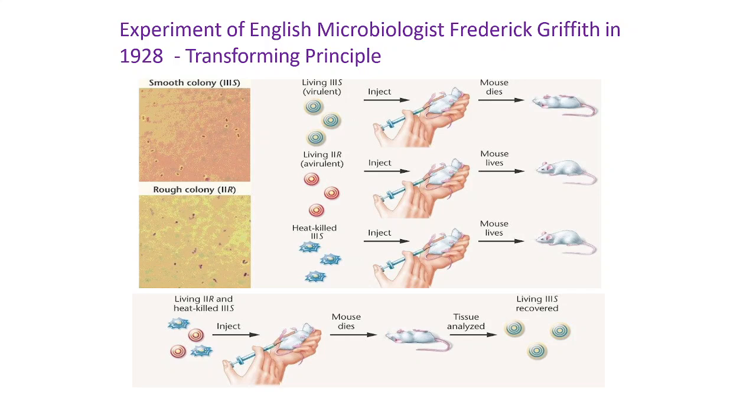Both of these strains are avirulent in nature, because in both cases the mice lived when they were injected individually. Now he mixed them and injected it in the mice. The mice died, and what he observed was living virulent strain inside that mice when the tissue was analyzed.